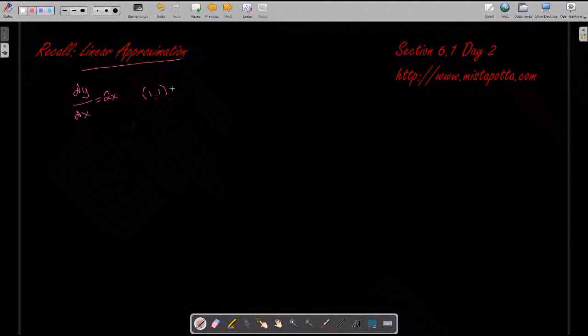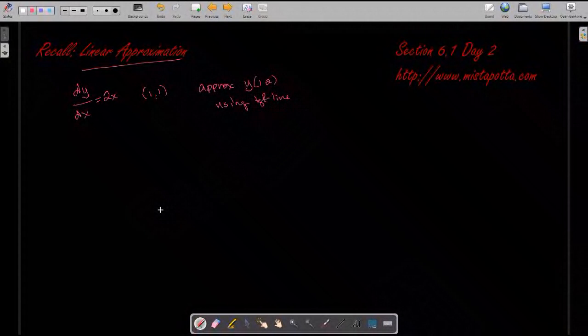If I want to approximate y at 1.2 using a tangent line, I have to come up with a tangent line that passes through this particular x value and y value, whose slope is determined by the derivative at that x value.